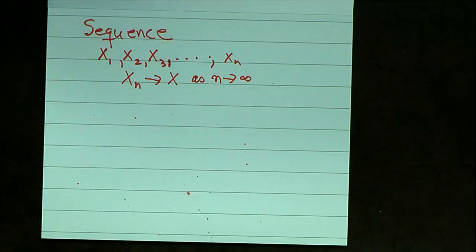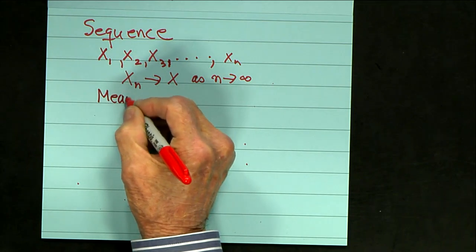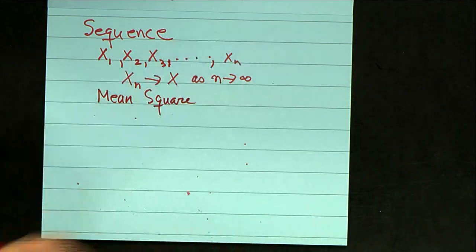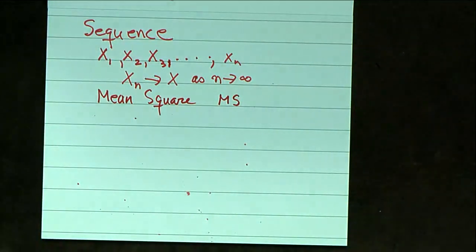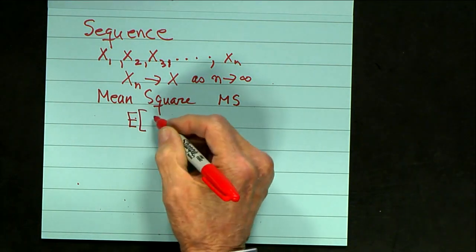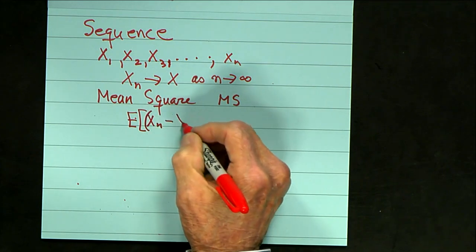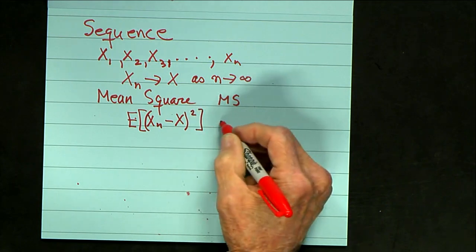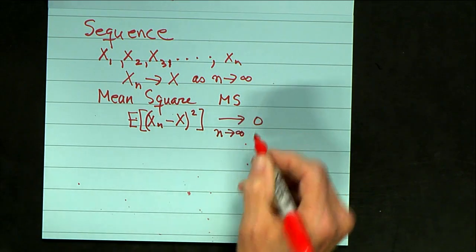Well, we say that mean square convergence, MS, is when the expected value of (Xn minus X) squared goes to 0 as n goes to infinity.